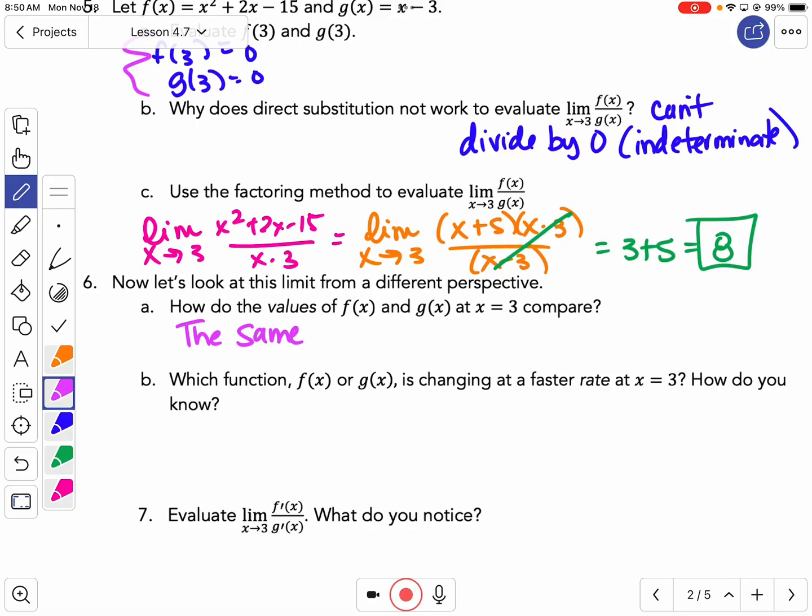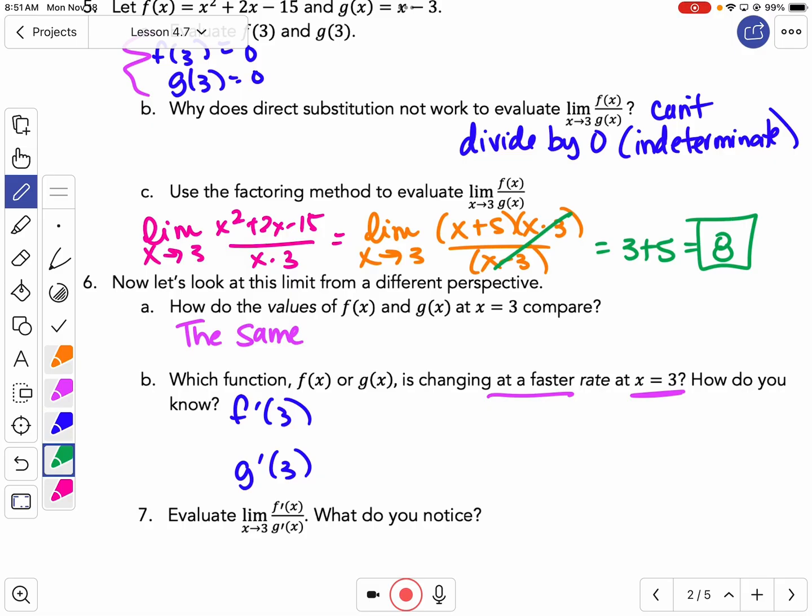How could we figure that out? How do we find a rate of change at an exact number? We find a derivative. Okay, we take a derivative. So let's do that. Let's evaluate f prime at 3 and g prime at 3. All right, that's our only way to really know who has the faster rate of change.